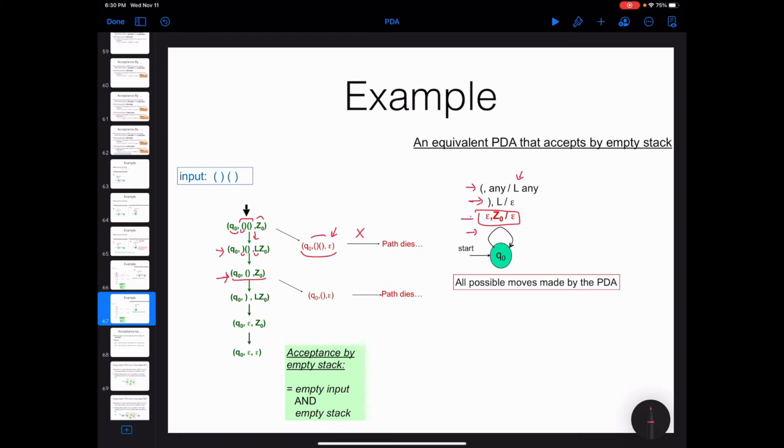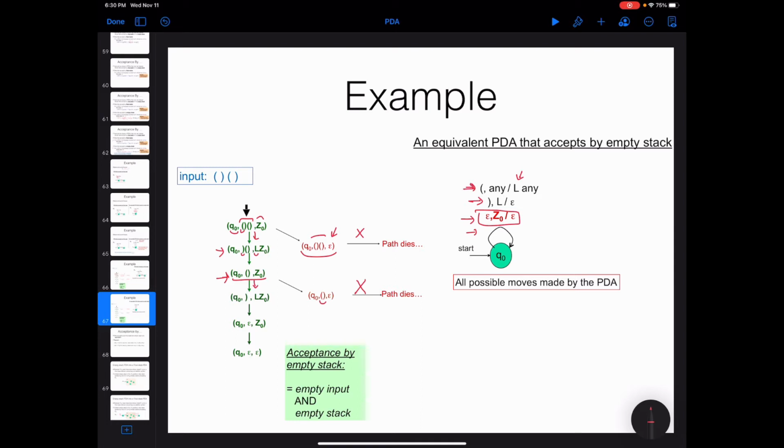You can either use this transition and remove Z0, but after removing Z0 you can't do anything else, and you haven't finished reading the full string, so this path will die. You can't accept the string in this path. You have to continue with the other transition from here.